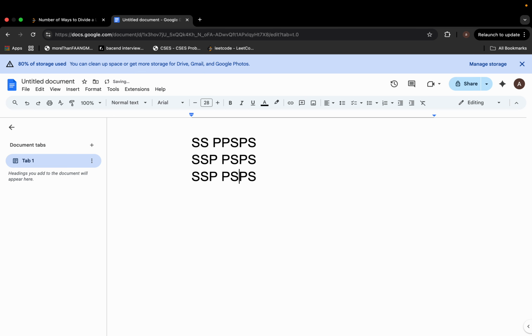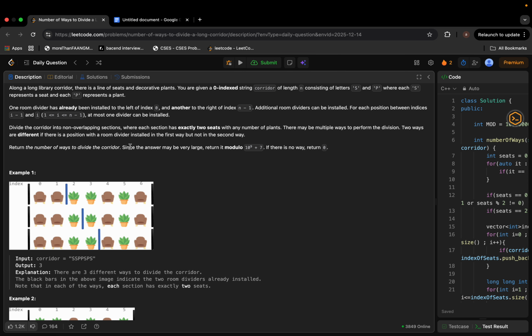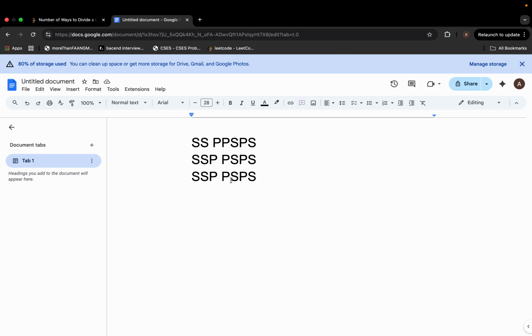Now if I ask you what other ways you can go, again this way. So here you can see we can have a division here, we can have a division here, we can have a division here also. Double S, double P, S, P, S. This was already given.